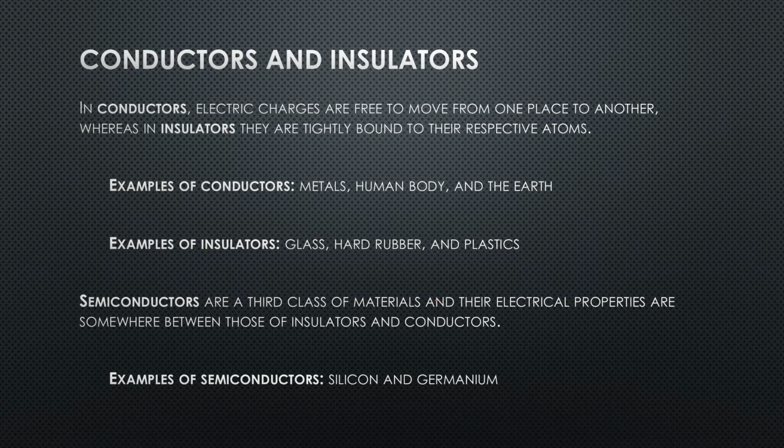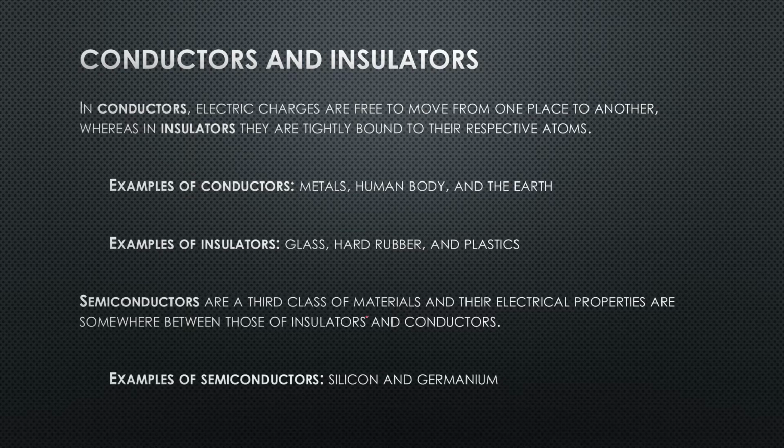What are the differences between conductors and insulators? In conductors, electric charges are free to move from one place to another, whereas in insulators, they are tightly bound to their respective atoms. Examples of conductors are metals, the human body, and the earth. Earth represents ground. Examples of insulators are glass, hard rubber, and some plastics.